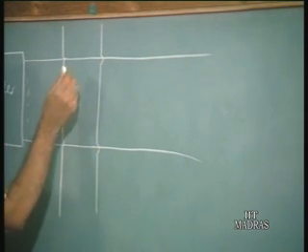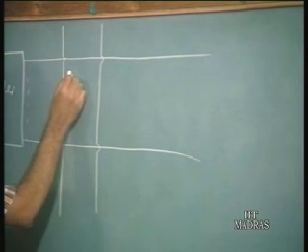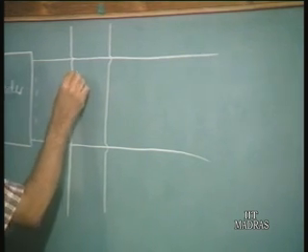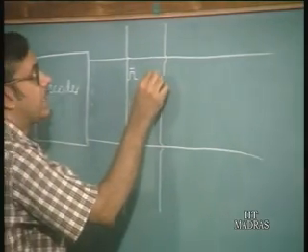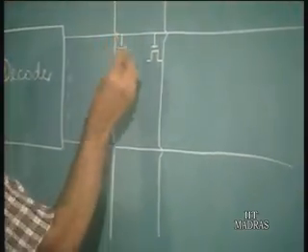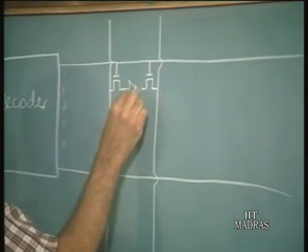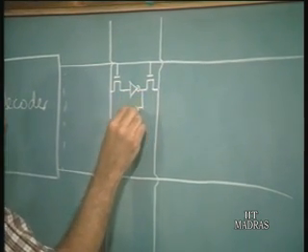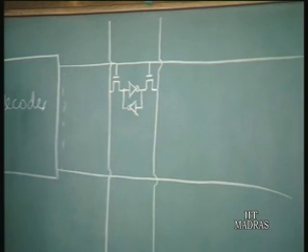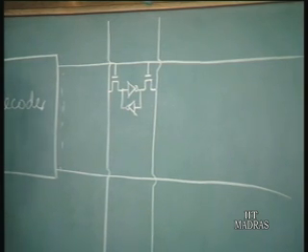The memory cell basically consists of, in a CMOS case, as we have seen, 2 pass transistors like this and 2 CMOS inverters connected back to back.